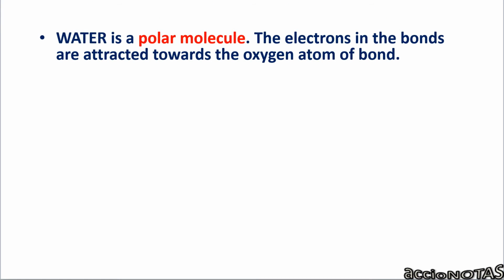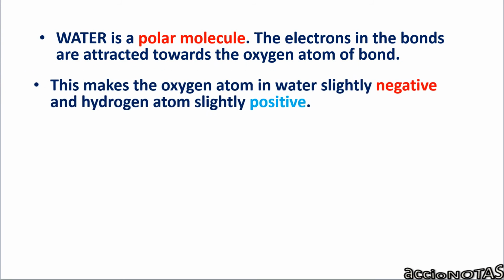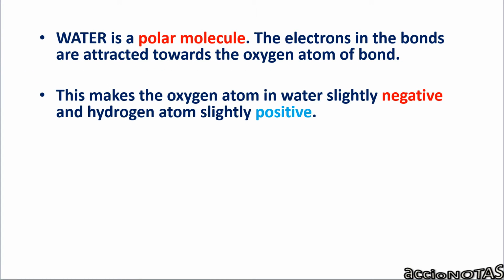Now here we're going to choose water because water is universally considered the standard solvent. So water is a polar molecule. The electrons in the bonds of water are attracted towards the oxygen atom. This makes the oxygen atom in water slightly negative and hydrogen atom slightly positive.